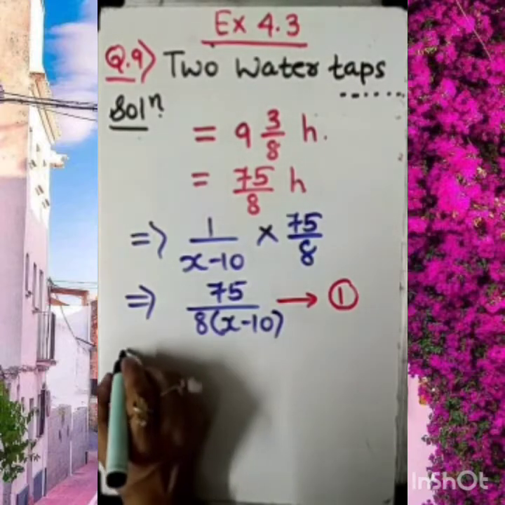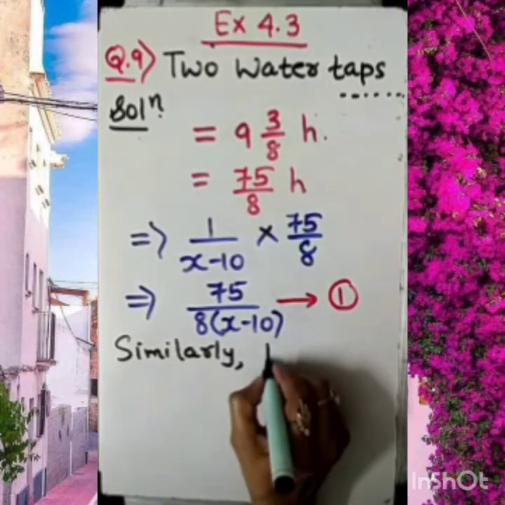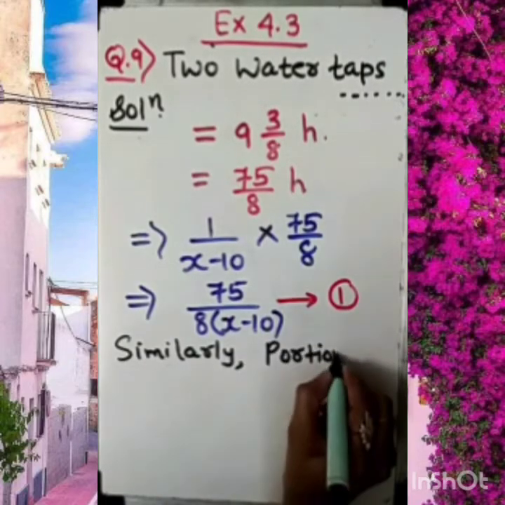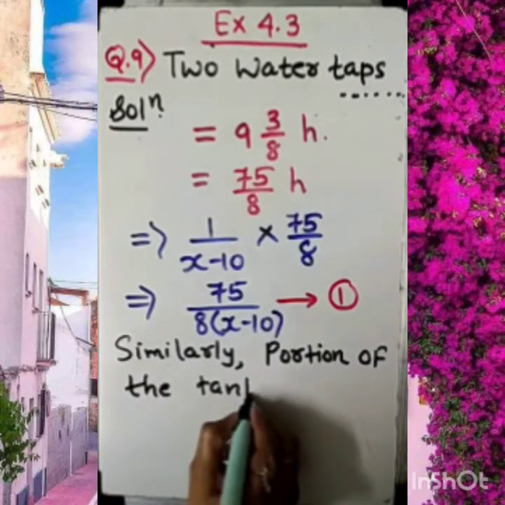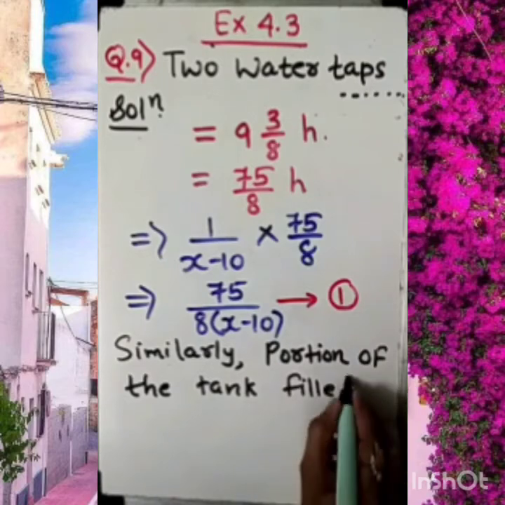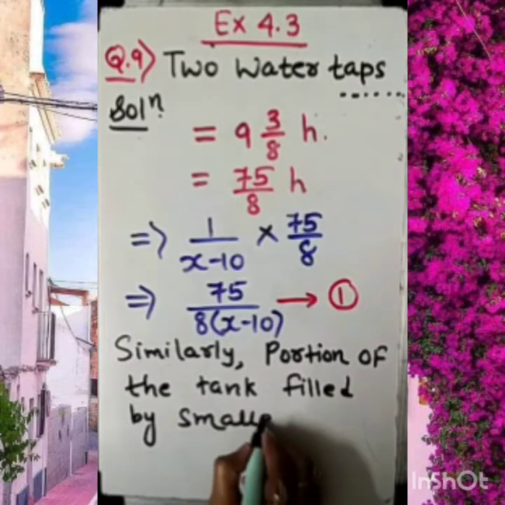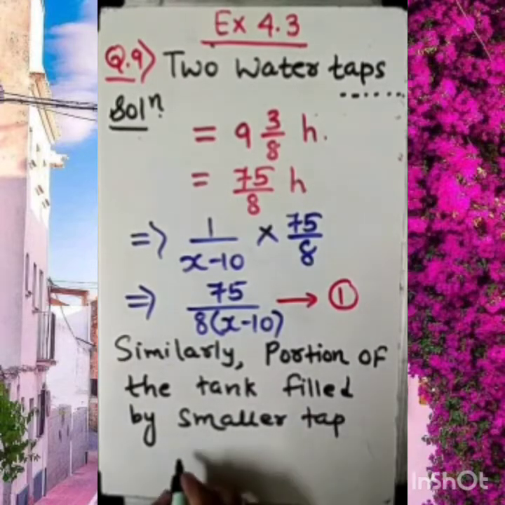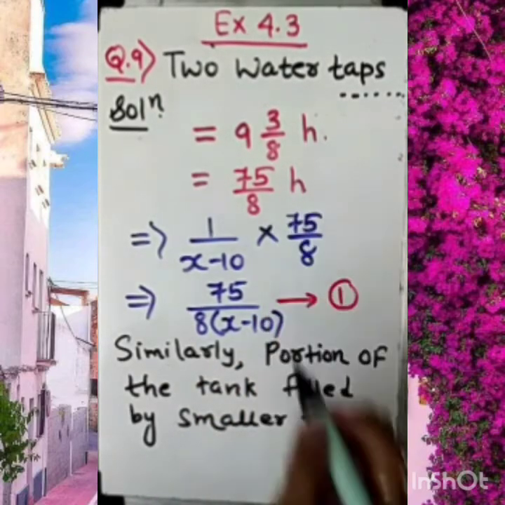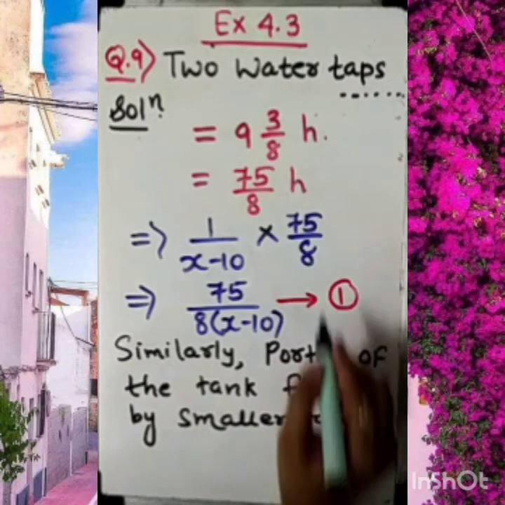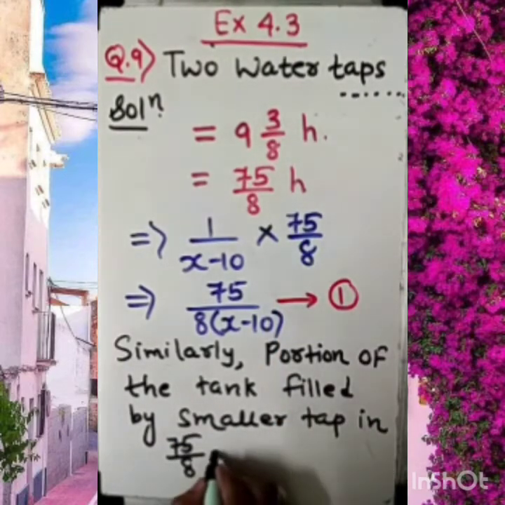So similarly, the portion of the tank filled by the smaller tape in that much time. The time will remain same. That is, I am mentioning this 75 by 8, which we have already converted. So that is in hours.